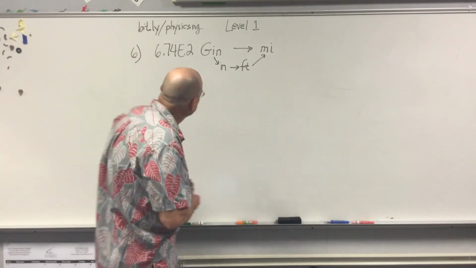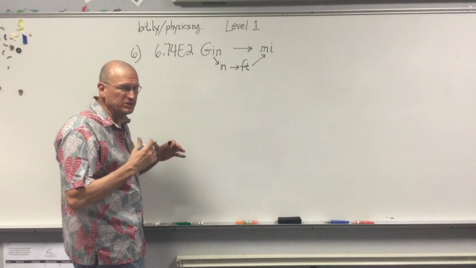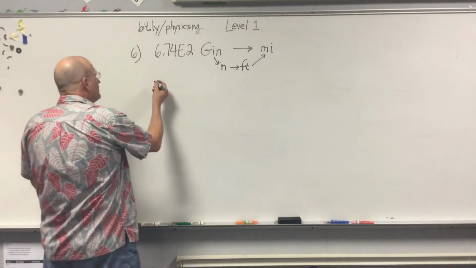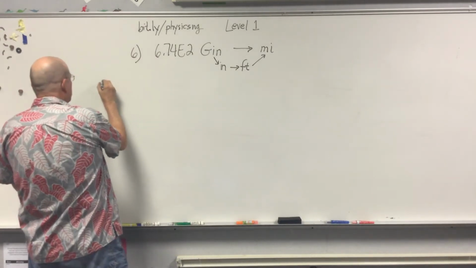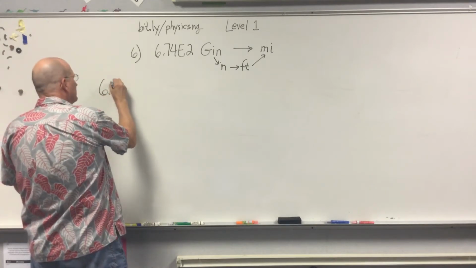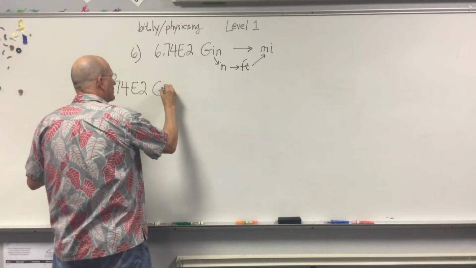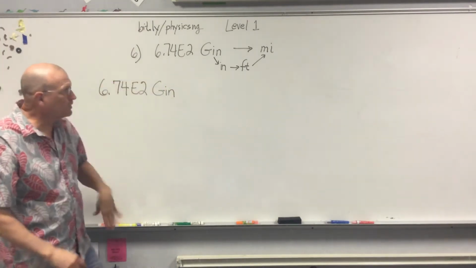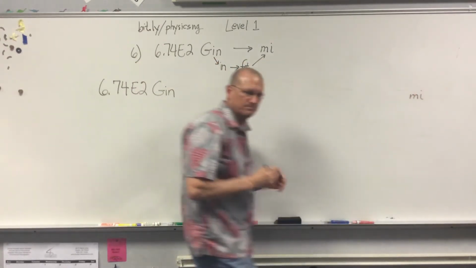Okay, so here is the methodology that I want you to employ that you've probably seen before when you did stoichiometry in chemistry. So we start, I want to give myself plenty of room. We start with our beginning value. We know in the end over here, we need to end up with miles.